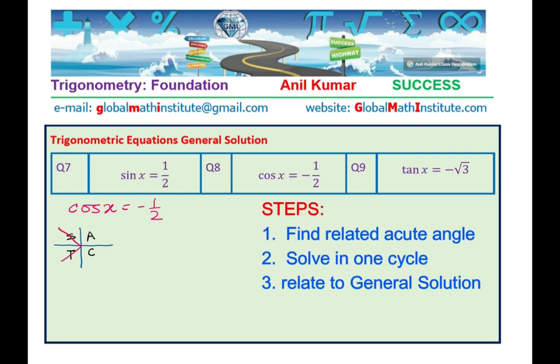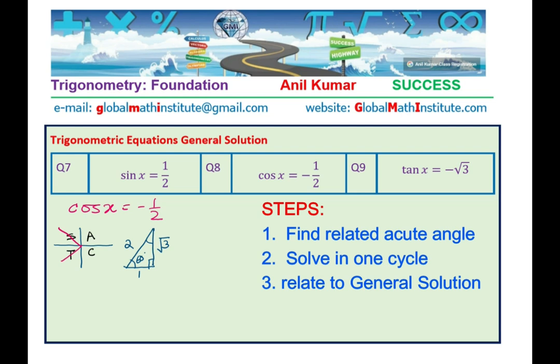And minus half also reminds you of a special triangle. You need not use a calculator, where 1, 2, square root 3. So I prefer to make this a 30, 60, 90 triangle, correct? And this angle, which is 60 degrees, gives you cos of half.